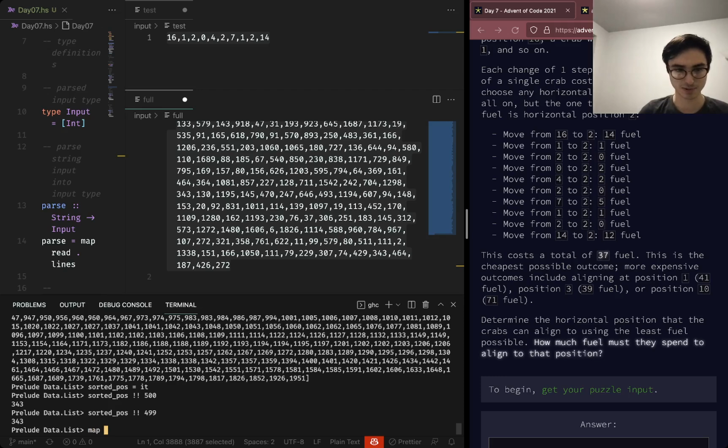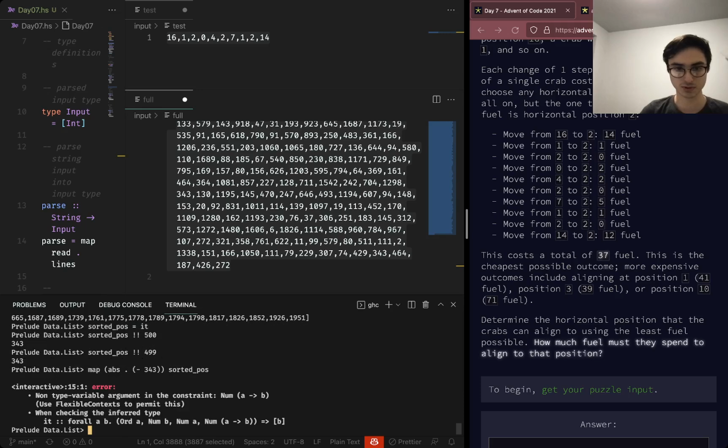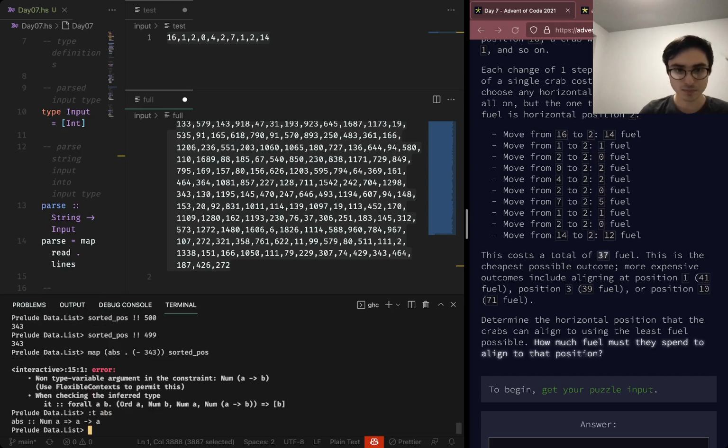Let's try map 343, absolute value, and then we'll subtract 343 over the sorted positions. Nope, I did that wrong. Oh, I always do this.